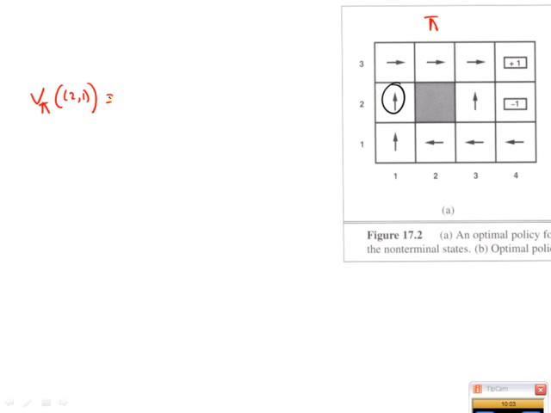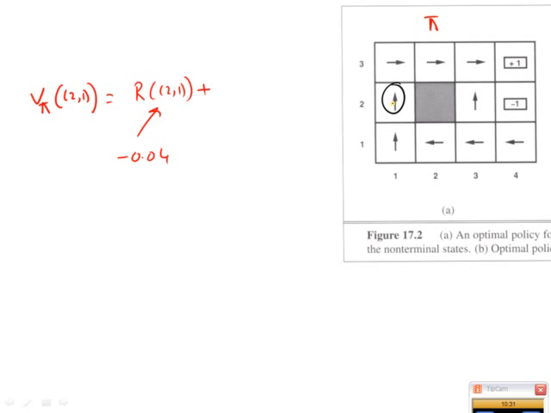V pi of 2, 1 is equal to R of 2, 1. Now R of 2, 1 for us, if you remember, is minus 0.04. Plus, I'm in 2, 1 and I am going up because according to my policy, I'm supposed to go up.